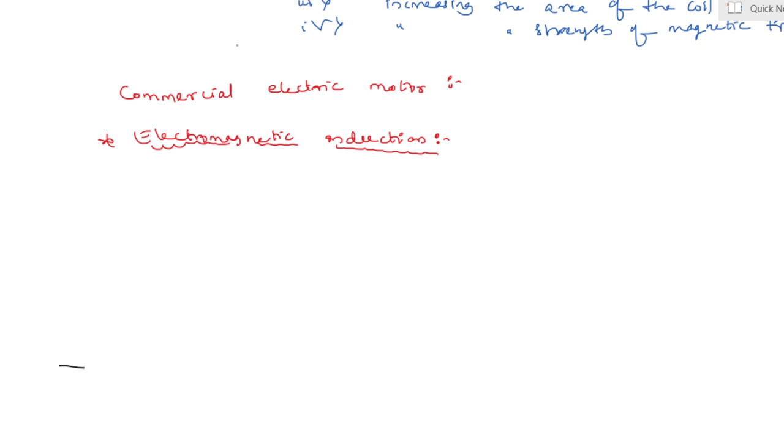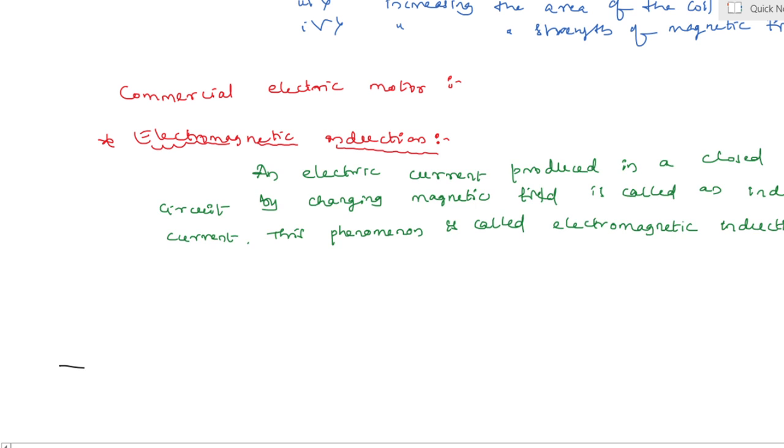Yes, my dear students, discovered by Michael Faraday. What happened here? An electric current produced in a closed circuit by changing magnetic field is called an induced current. Yes, here.